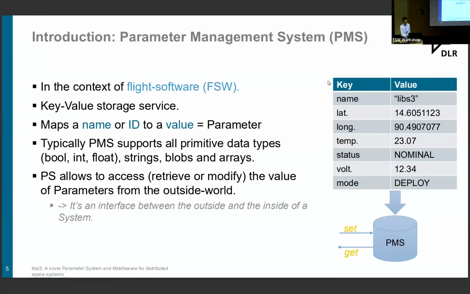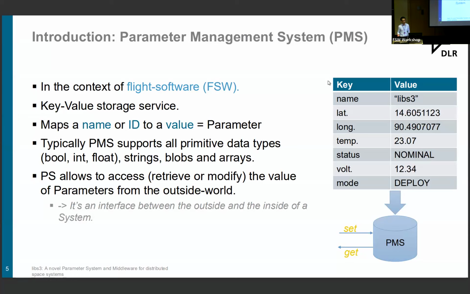So yeah, I will start with a brief introduction of what's the parameter management system. This is a component that is common in some flight software and also some flight software frameworks. It's basically just a key value storage service. So it basically maps a key to a value.